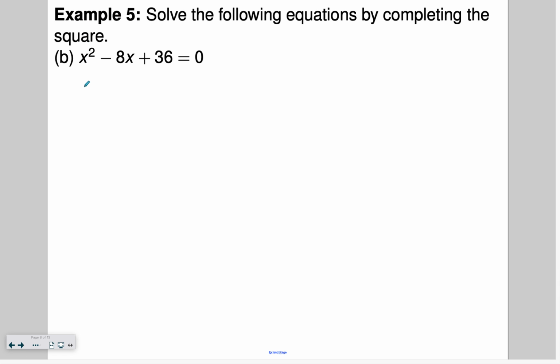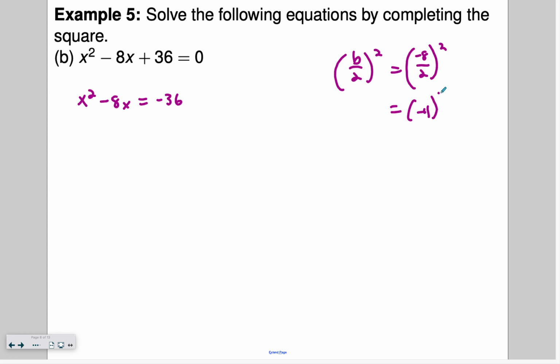Step 1, put your constant on the right. Sound effects, are they encouraged? Hopefully. Minus 36, minus 36, minus 36. Great, constant on the right. Step 2, add b over 2 squared to both sides. Let's go over off on the side. b over 2 squared equals negative 8 over 2 squared, which is negative 4 squared, which is 16.